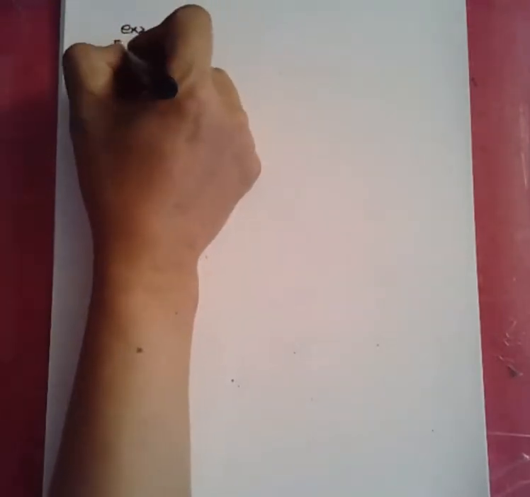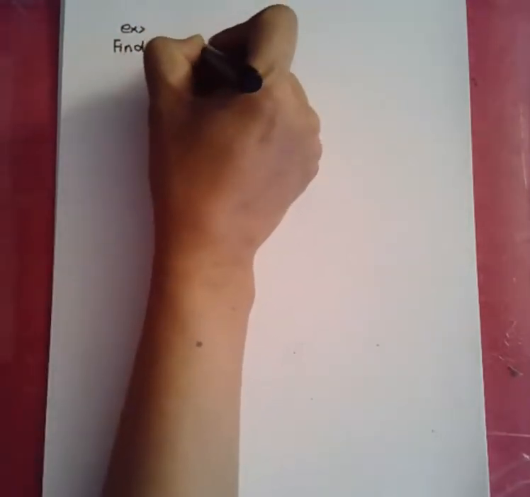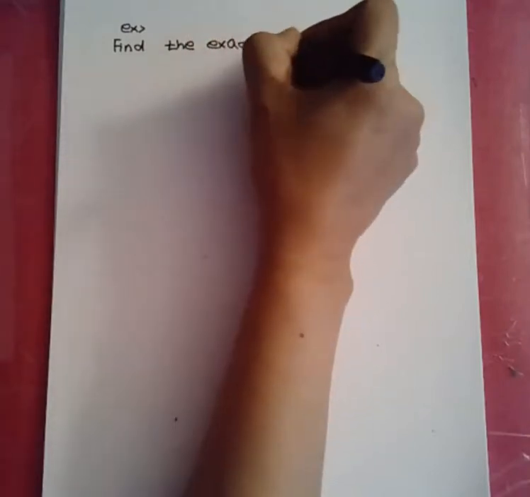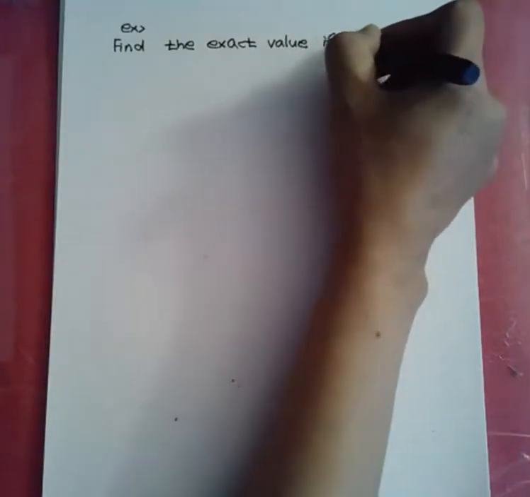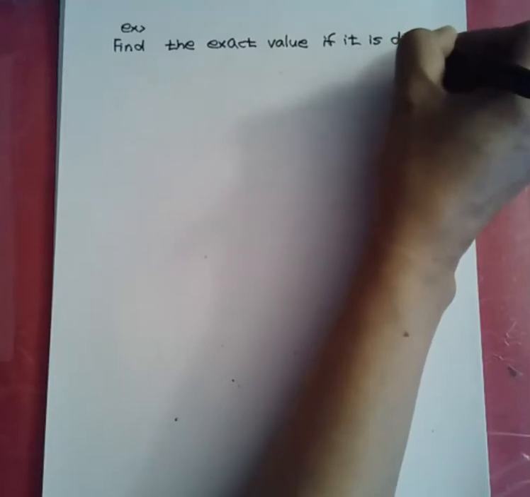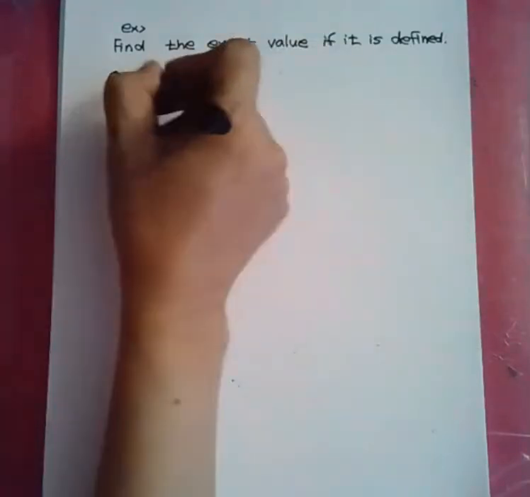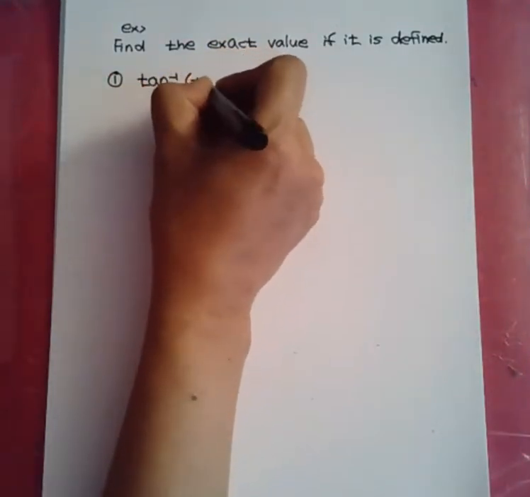Let's do some examples. Find the exact value, if it is defined. The first problem is tangent inverse of minus 1.